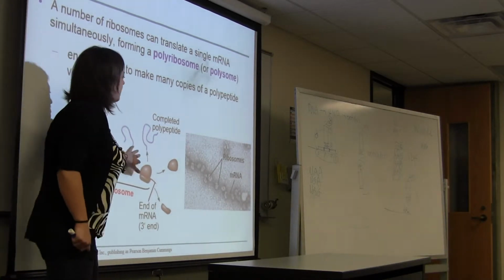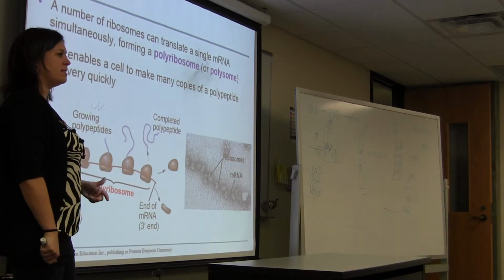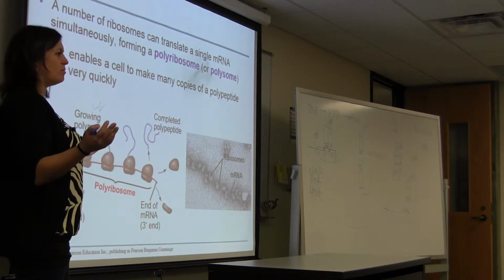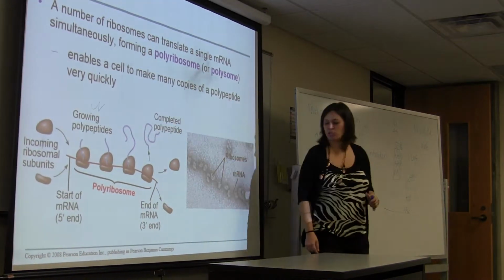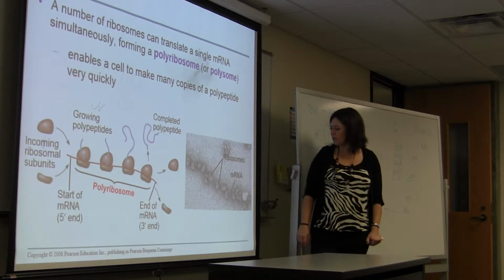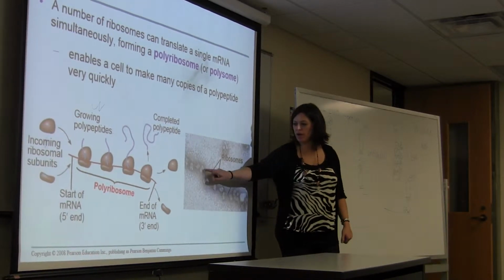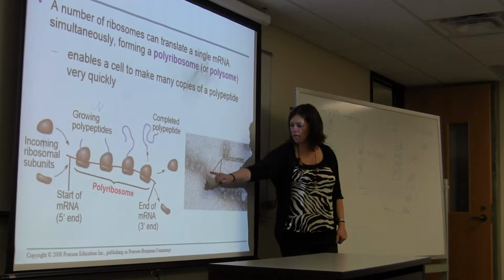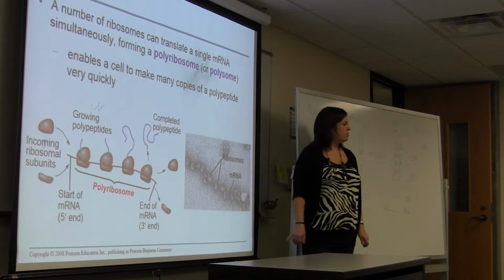And this whole assembly line right here is called a polyribosome. Poly means many, so it's showing multiple ribosomes attached to a single mRNA. You can actually see this in this picture. All these little blobs are the ribosomes, and the mRNA is the spaces in between the ribosomes.